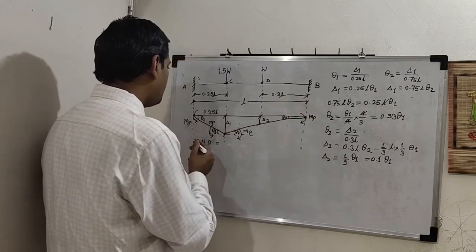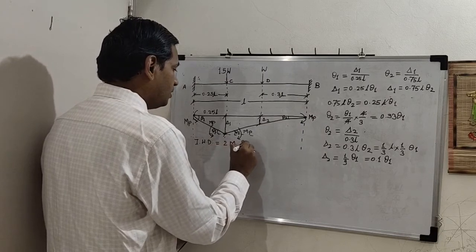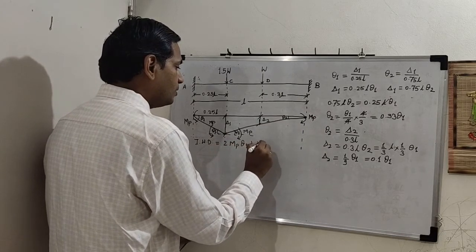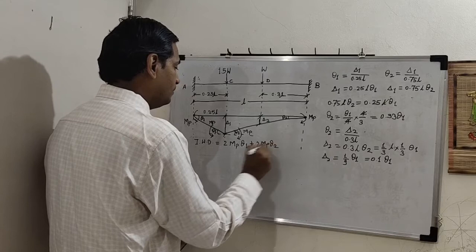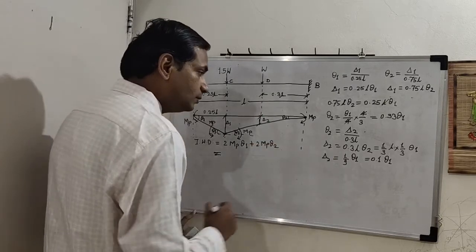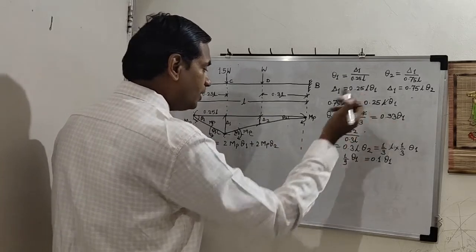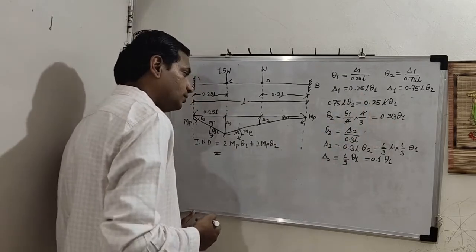So internal work done is 2 MP theta 1 plus 2 MP theta 2. So theta 2 in terms of theta 1 is 0.33 theta 1.